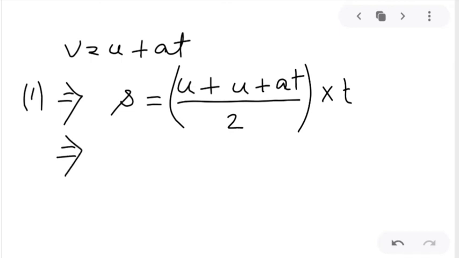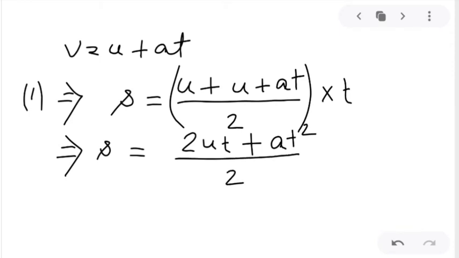This t will multiply the whole expression, so it is (twice u plus at) into t, that is, twice ut plus at square, divided by 2.